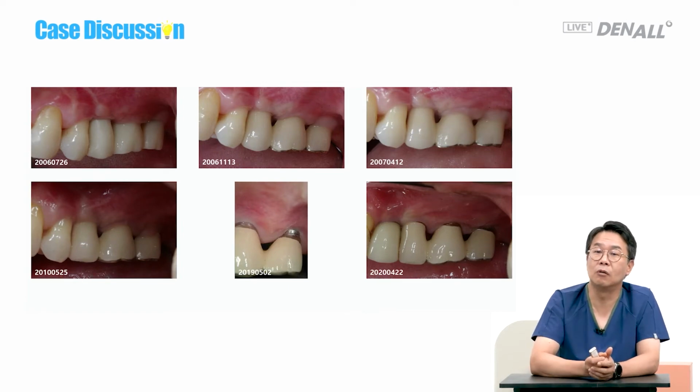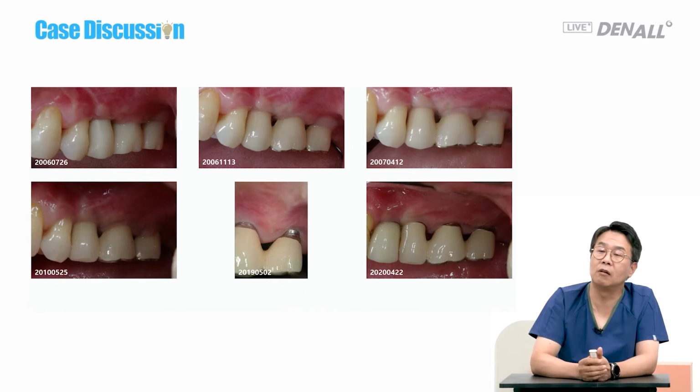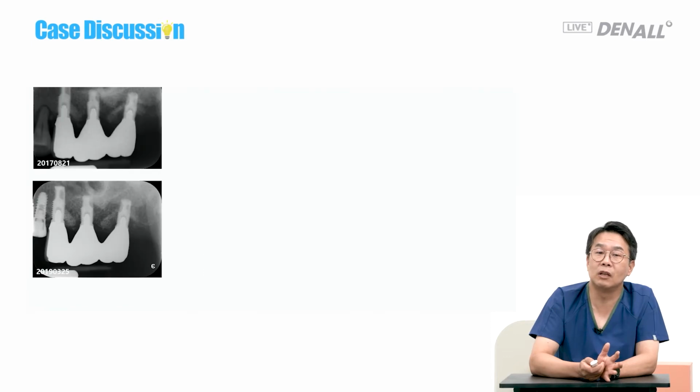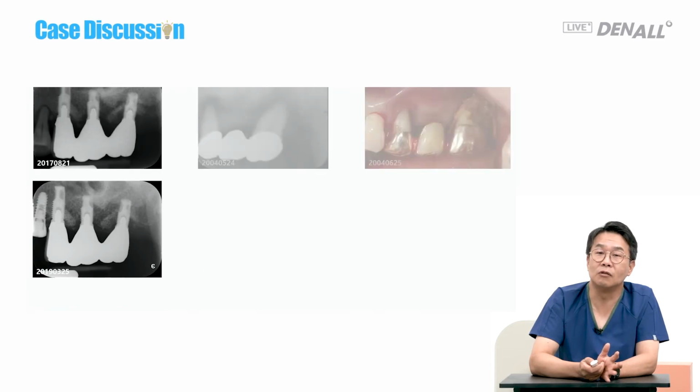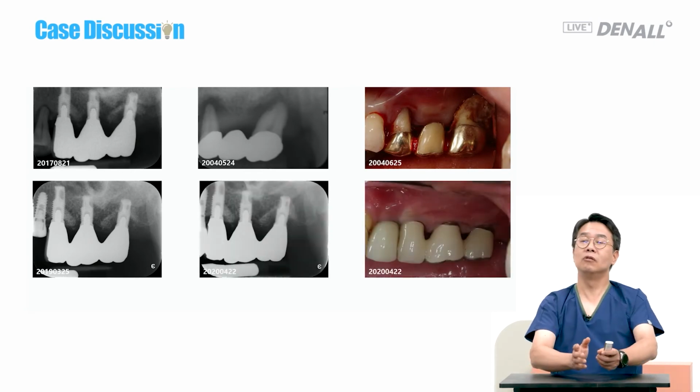For over 15 years, the positions look okay and well maintained. And I believe this should be approached with the concept of the aging of implants. On the X-ray, the bone is stable and has been maintained stably, for which I'm thankful.